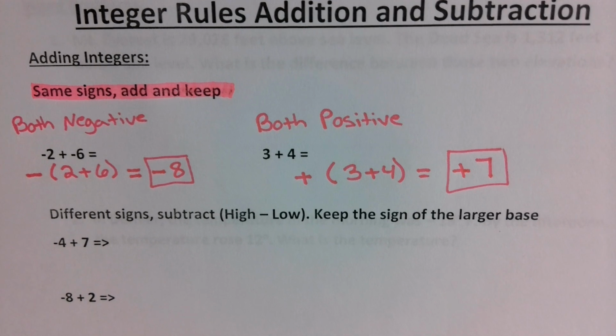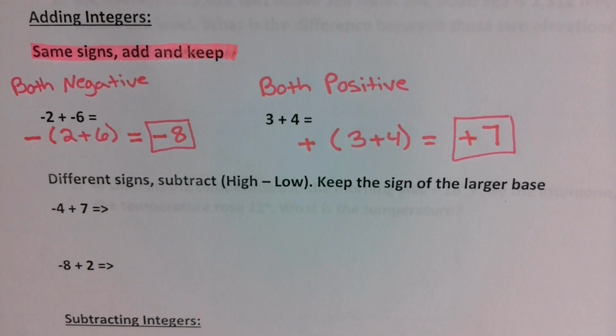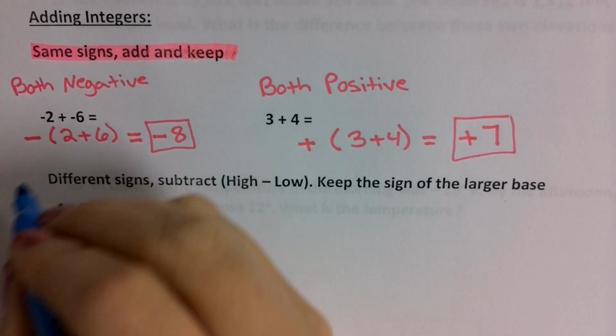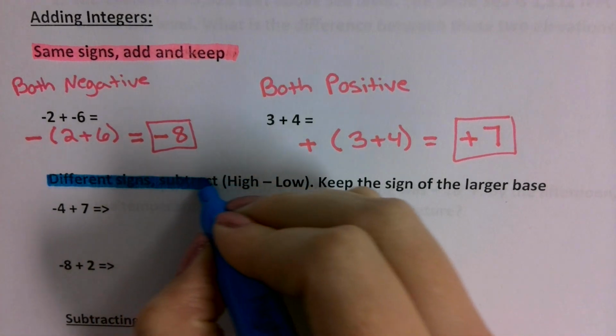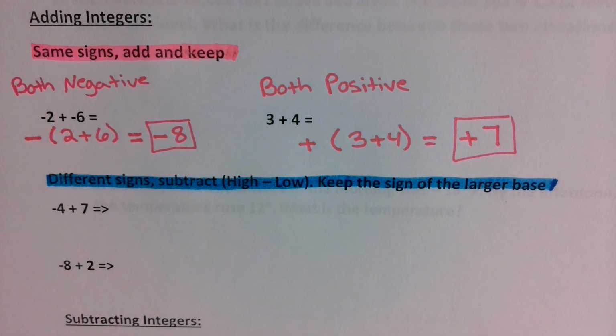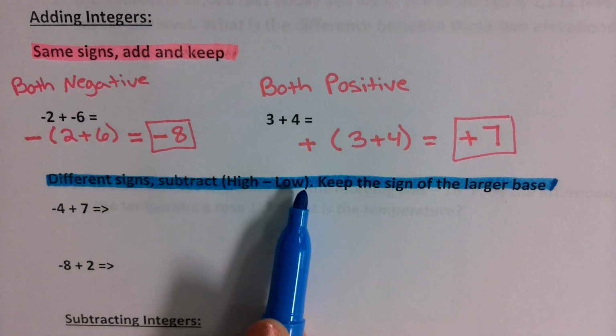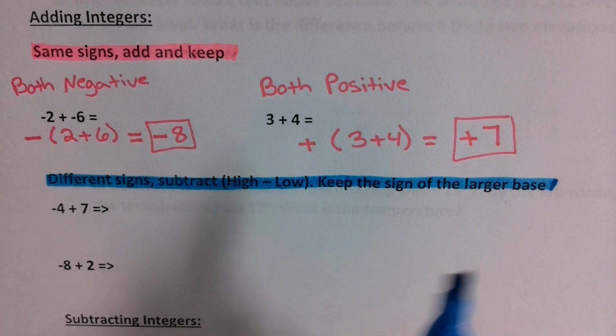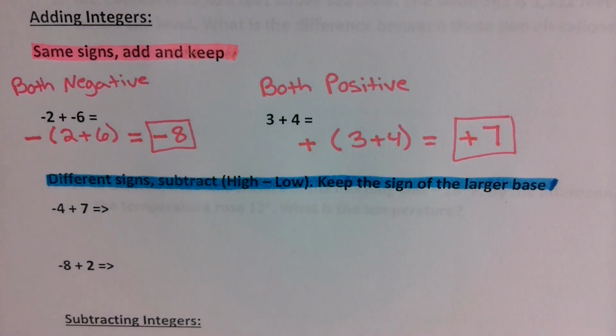Now, they're not always the same sign. Sometimes they might be different signs. So if they are different signs, you're going to subtract the 2 numbers, and you'll subtract them just like normal. You'll take whatever your high number is and subtract your low number, and then you're going to keep the sign of whichever base is largest.